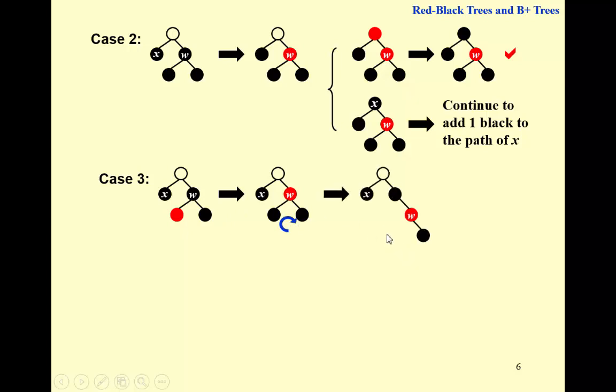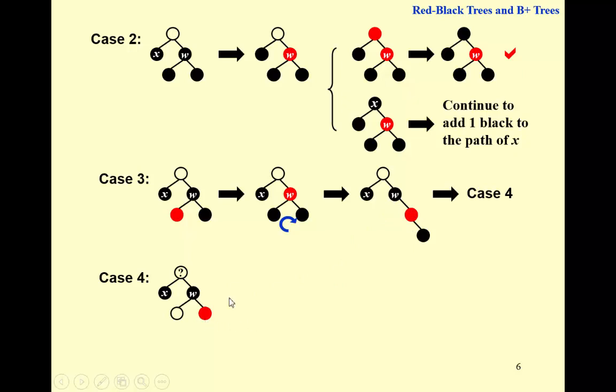Is the problem solved? Not yet. Okay, so let's continue to consider this W. W is always the sibling of X. Alright, and this is actually case 4, where case 4 means it has a black sibling, and no matter what its left child is, its right child is red. It's just like this. Its right child is red.